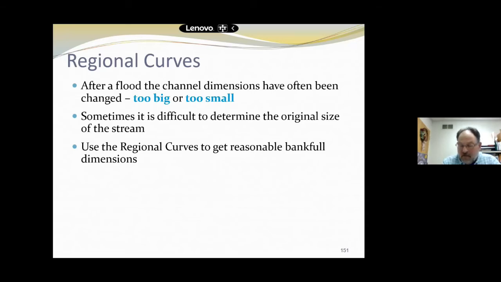If it's difficult to determine the original size of the stream, if you just can't find that stream reach downstream or upstream of the damaged section, then these regional curves will give us a reasonable bank full depth, width, and floodplain width that we can use to construct the channel back.